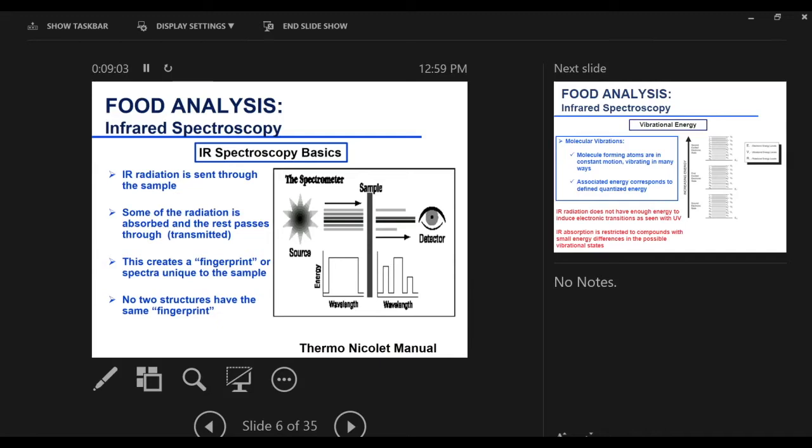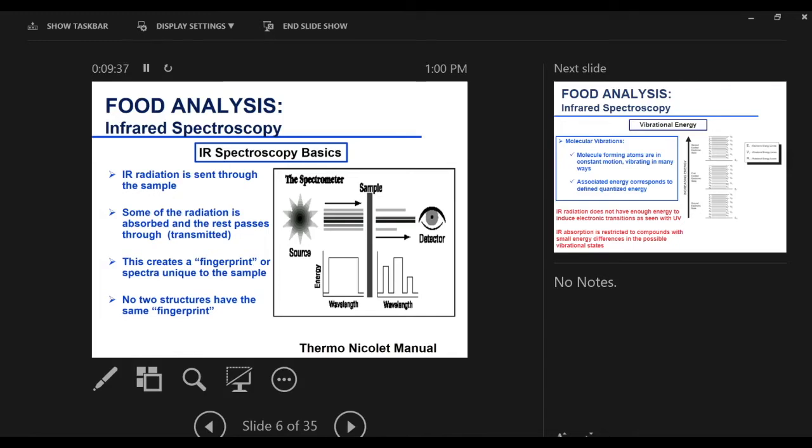So the principle is pretty much the same as we've learned so far. You have a radiation source, and that radiation source projects electromagnetic waves onto the sample. The different components absorb at different wavelengths, and then either the transmitted light or the reflected light gets to the detector, and you get a spectrum.